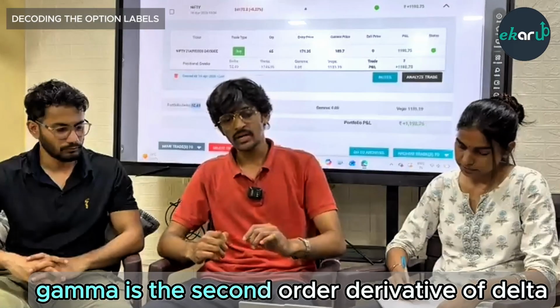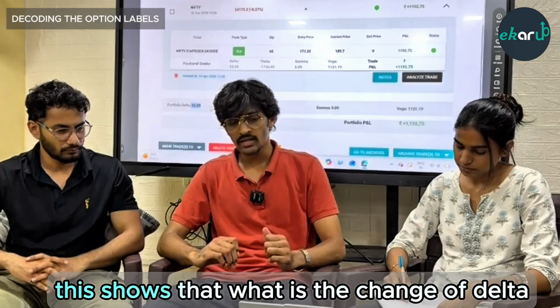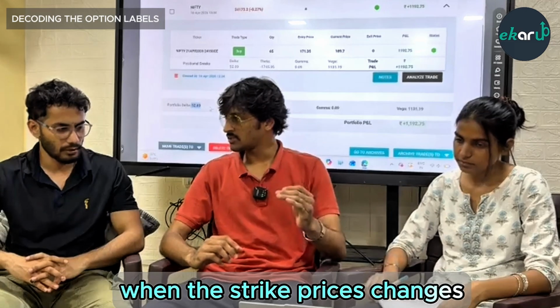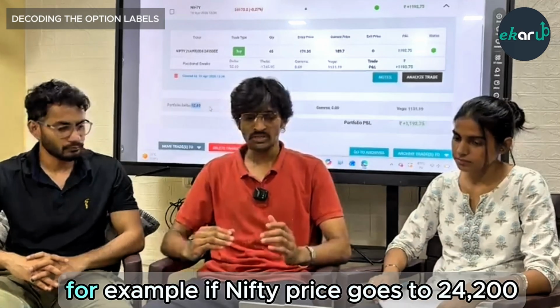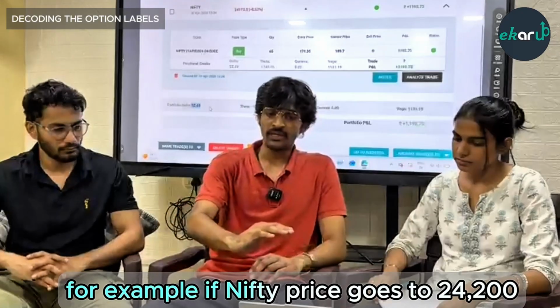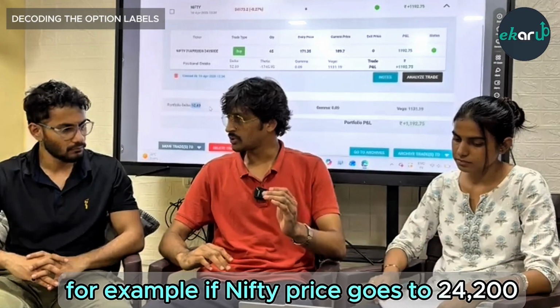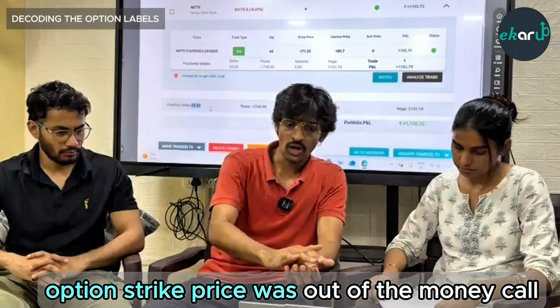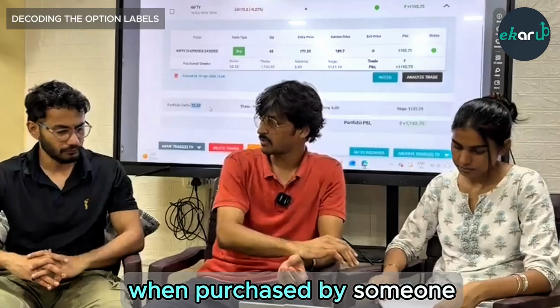Gamma is the second order derivative of delta. It shows at what rate delta changes when the price changes. For example, if Nifty price goes to 24,200, this option strike price was an out of the money call when purchased by Soumya.